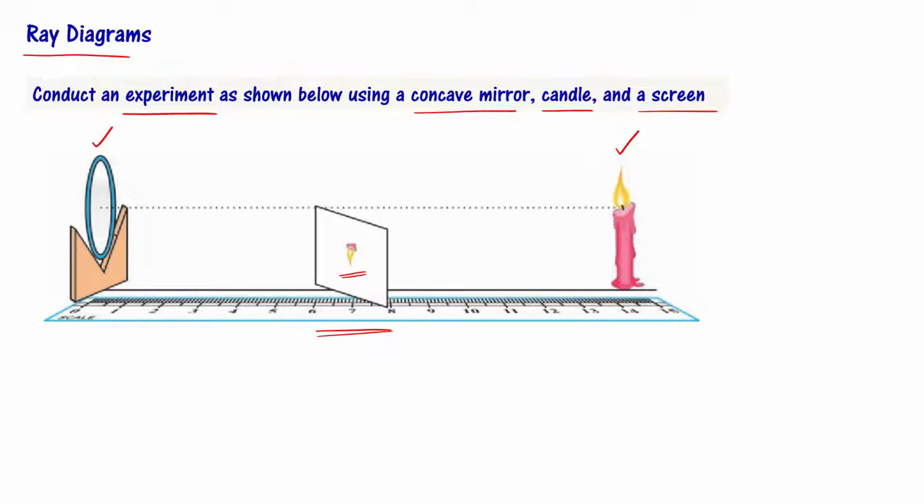Now, why this image has to form? For example, you see you have a burning candle here, right? It is the source of light. So light rays are going to move in different directions and some of the rays are going to hit the surface of the mirror, right?